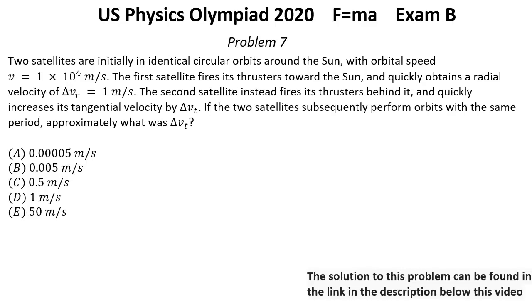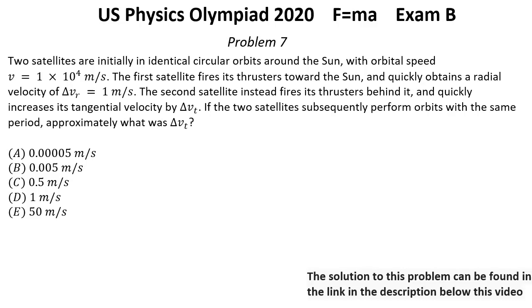The second satellite instead fires its thruster behind it and quickly increases its tangential velocity by delta Vt. If the two satellites subsequently perform orbits with the same period, approximately what was delta Vt?